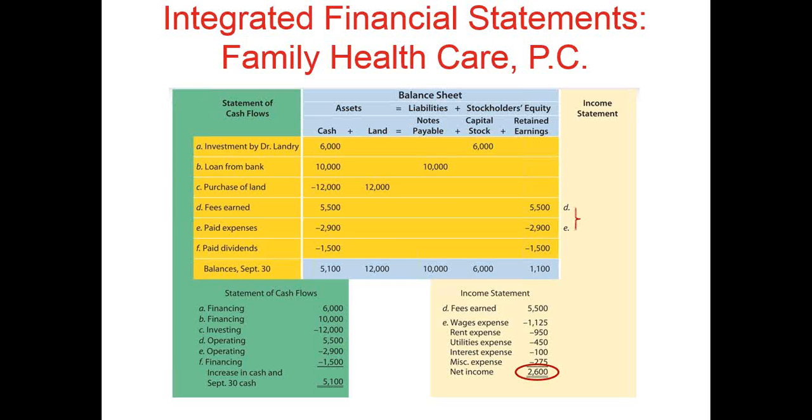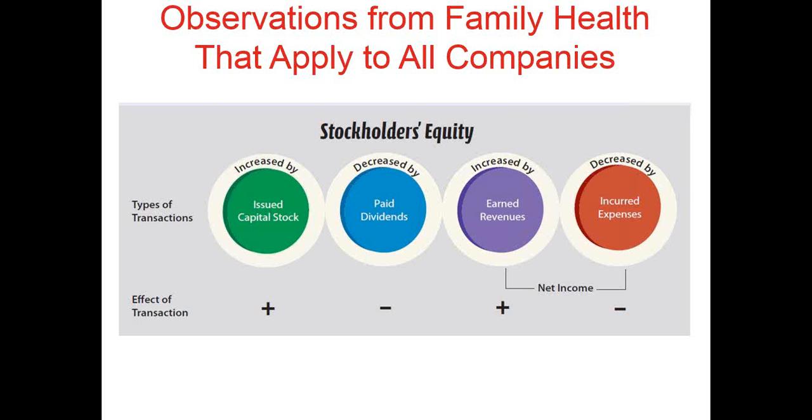I've already mentioned this, but stockholders' equity increased by the company selling stock, decreased by dividends, increased by revenue, and decreased by expenses.